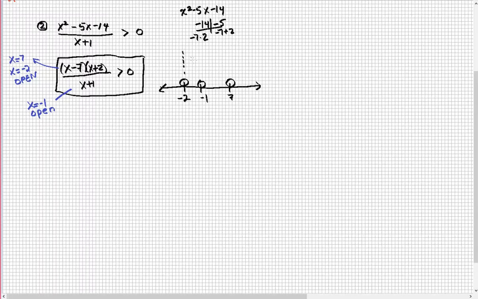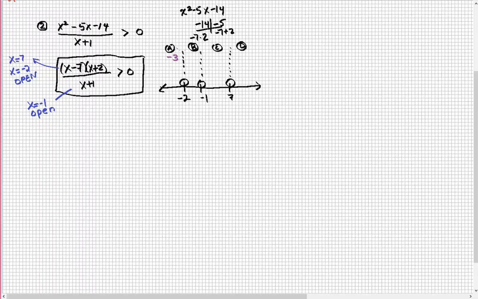All right, so we need to create the regions and we need to pick the numbers. Right here, this is region A, B, C, and D. And the numbers that we're going to pick are, what's the number to the left of -2? What happened to the mouse? There it is.